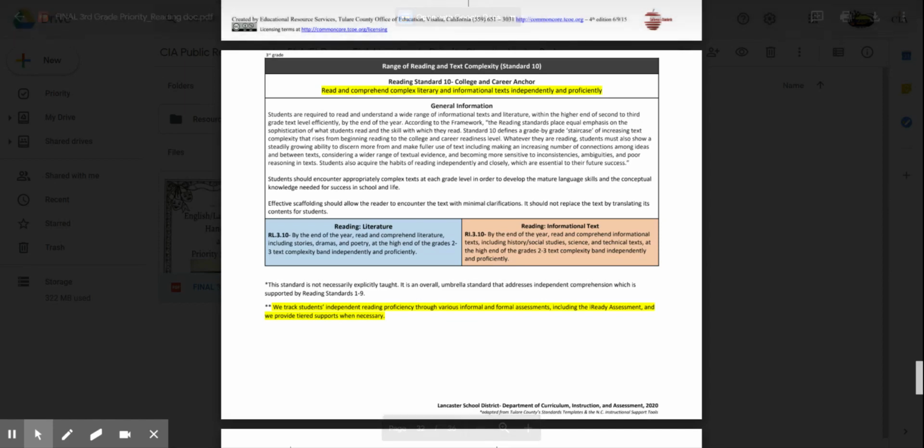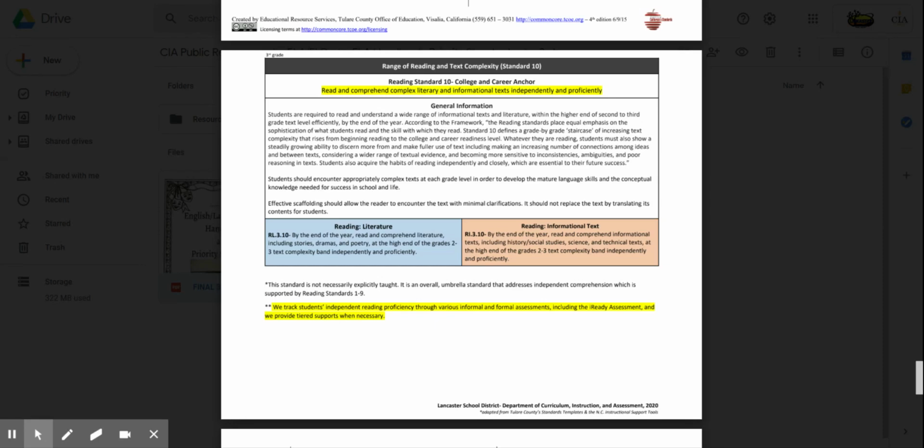This is the goal, that they are reading text in a wide range of informational and literature about all different things with different complexities, and that they're able to comprehend and understand what they're reading, and that the scaffolding that we provide as teachers when reading and when instructing on reading is removed, we know that our students are able to do the work themselves in the comprehension area. So that is the end goal there, and that's reading standard 10.